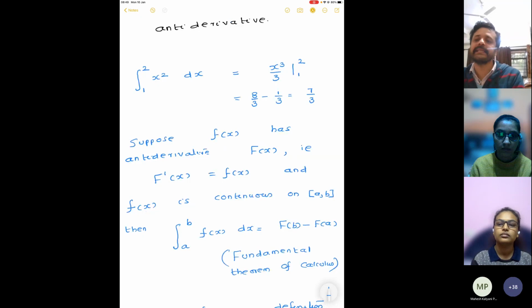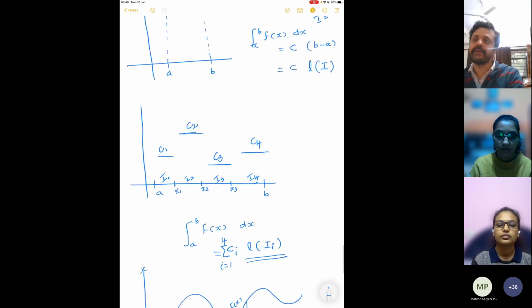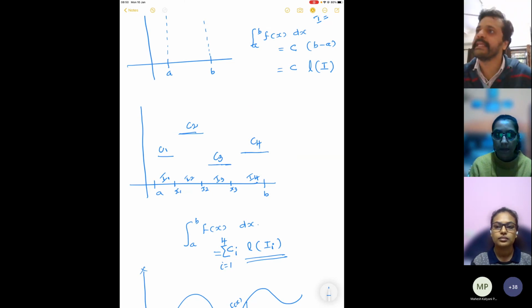How integration is attached with area is not clear if you do just F(b) minus F(a). Riemann is the person who gave integration a precise formal definition, and that formal definition enabled one to attach integration with the area-finding process. So far, so good.